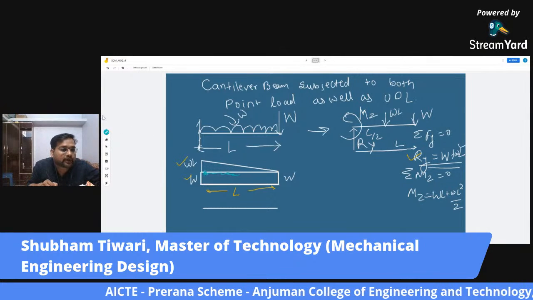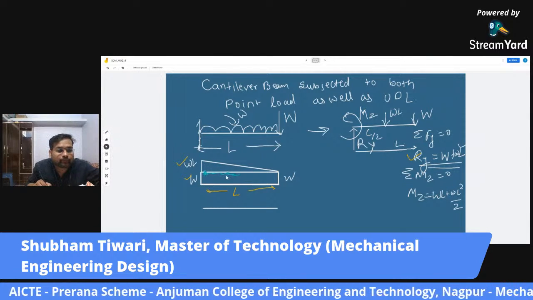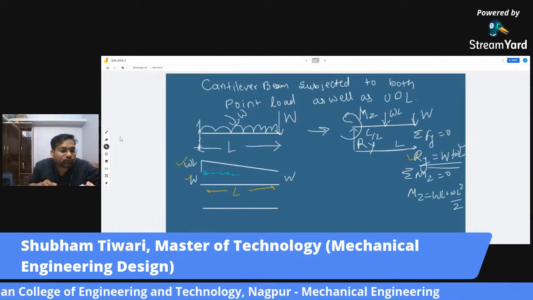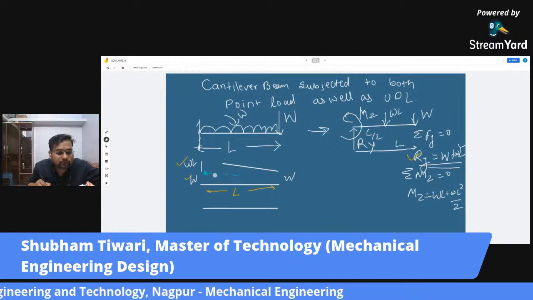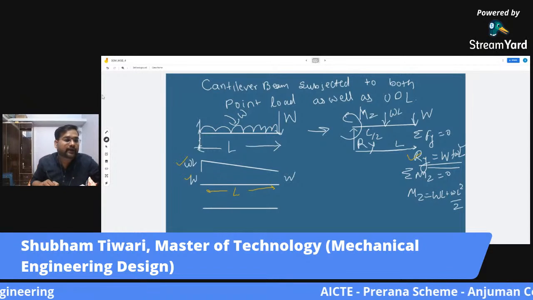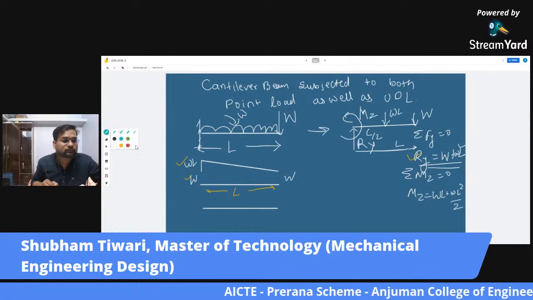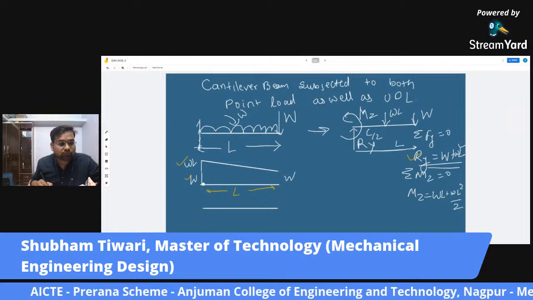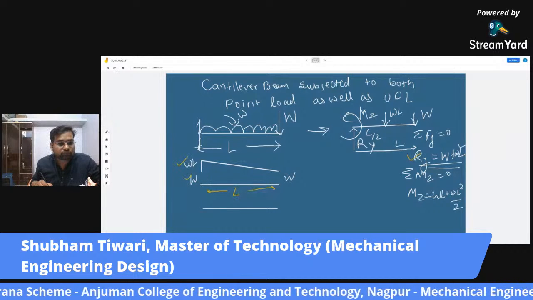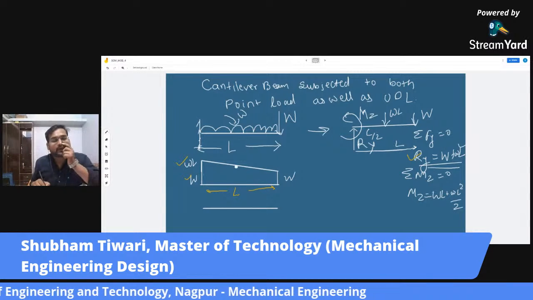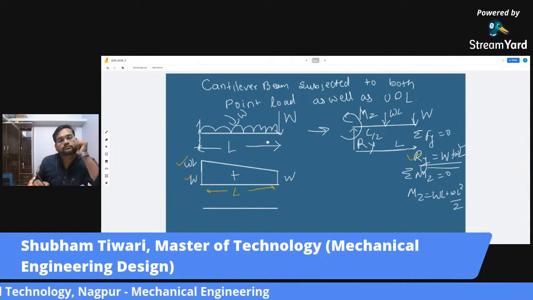Let us just make it properly, so that you can draw the diagram and get the idea properly. Yes. So this is how it will look.